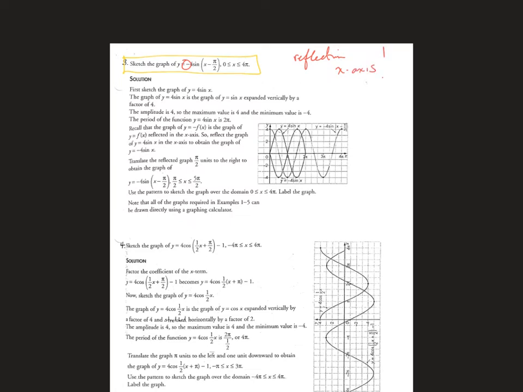And so when we take a look at our graph, where our sine curve normally starts in the middle and rises, because of that reflection in the x-axis, it's now going to start in the middle and fall. Okay, you then take a look at the very last problem, problem 4.